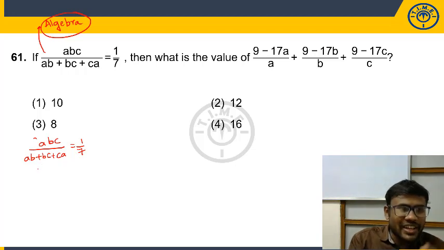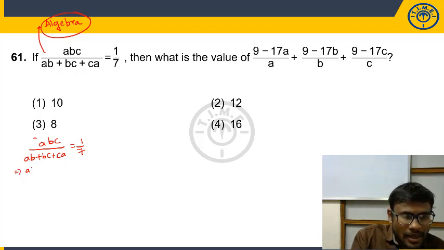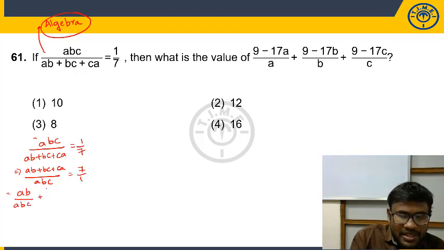What I do is reverse it and write it as AB plus BC plus CA by ABC is equal to 7 by 1. So I'm splitting and writing AB by ABC, BC by ABC and CA by ABC is equal to 7 by 1.